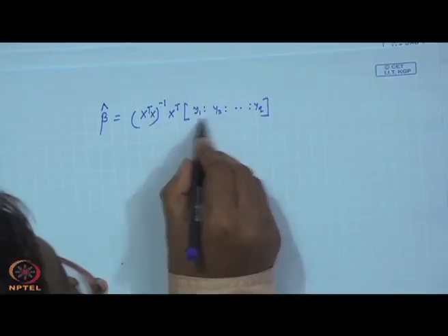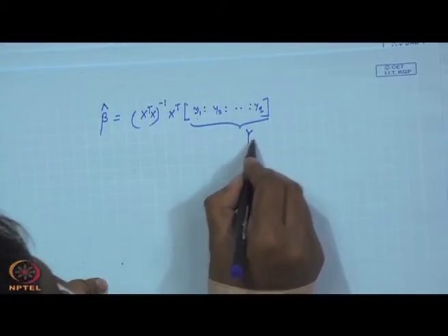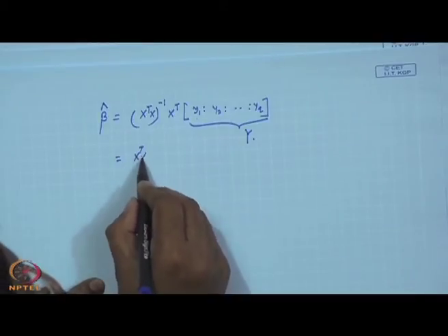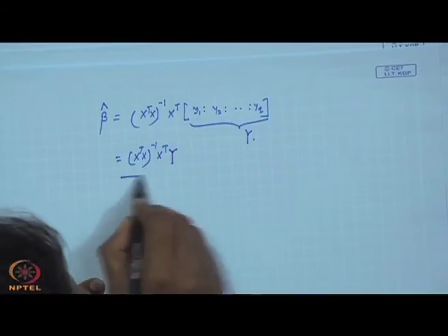Actually this quantity will be multiplied to everyone. So, this totality, when I write capital Y, is x transpose x inverse x transpose capital Y.